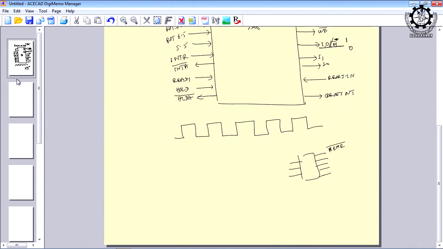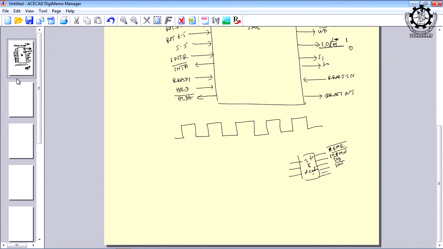Sometimes we also write like this: memory read, memory write, IO read, IO write, and of course another 4 signals can be used for other purposes, but here we need only 4 signals to carry out these 4 operations, right. So, this is basically a 3 to 8 decoder.